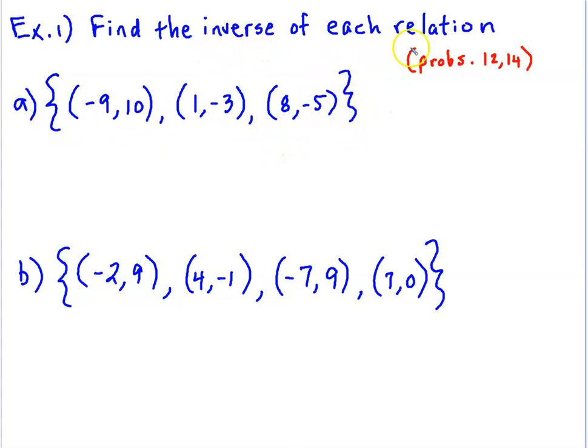So the inverse of a relation is found by very simply taking the ordered pairs, the x, y, and just like I said a minute ago, just switch places with those. So the red is going to represent the inverse of this original blue relation. Just take each ordered pair and switch places with x and y.